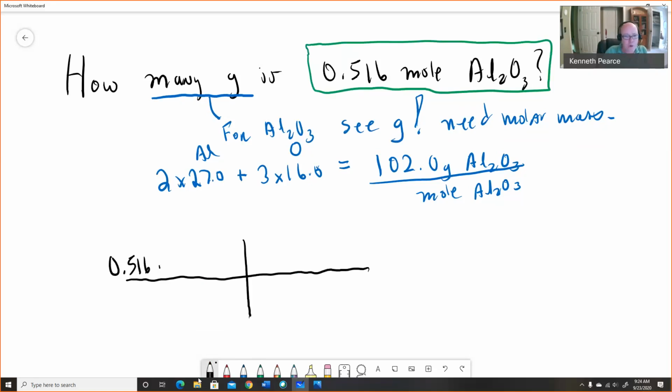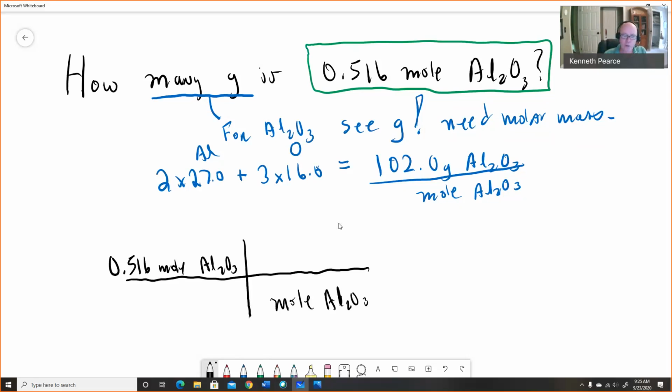0.516 mole aluminum oxide. And once again, once we pull down everything that we need out of the problem, we only need the molar mass for this problem because we only have grams going to moles, and moles go into grams. This is all we need, but we still have to look. We have to match. And so I see moles aluminum oxide in my measured number, and I know I'm going to need moles aluminum oxide down here.